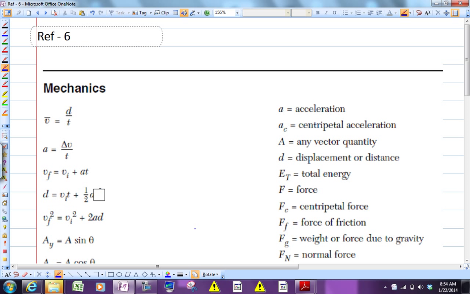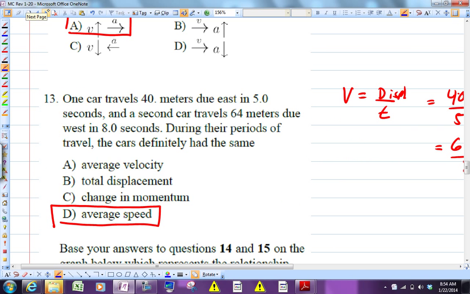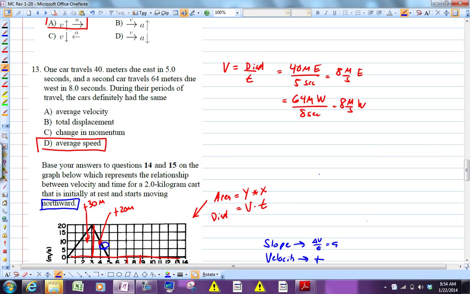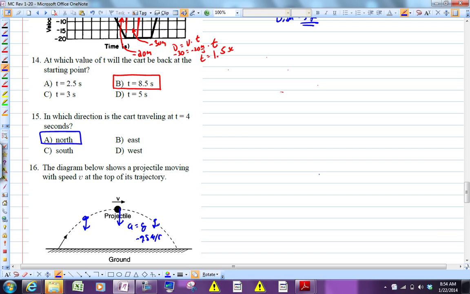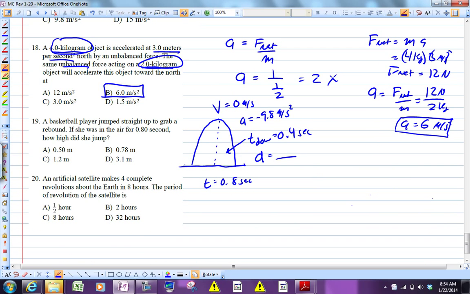We can use this formula. That's the one we're going to use. Here, d equals vit plus 1/2 a t squared.